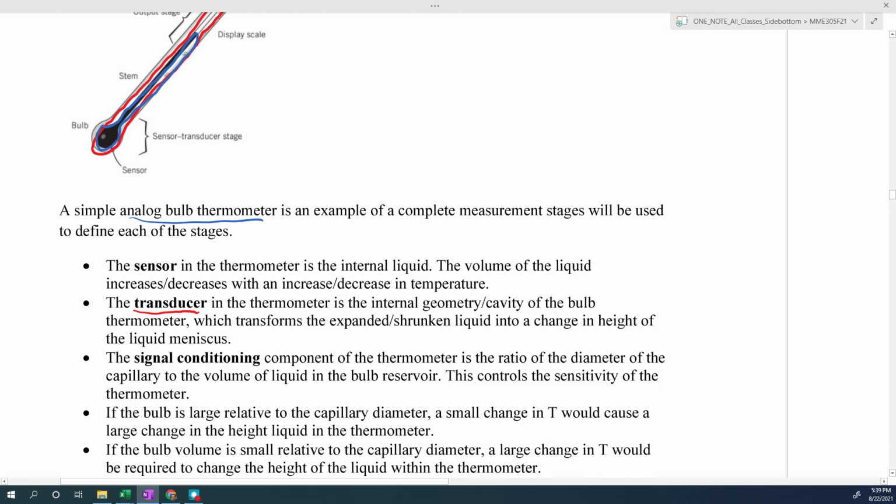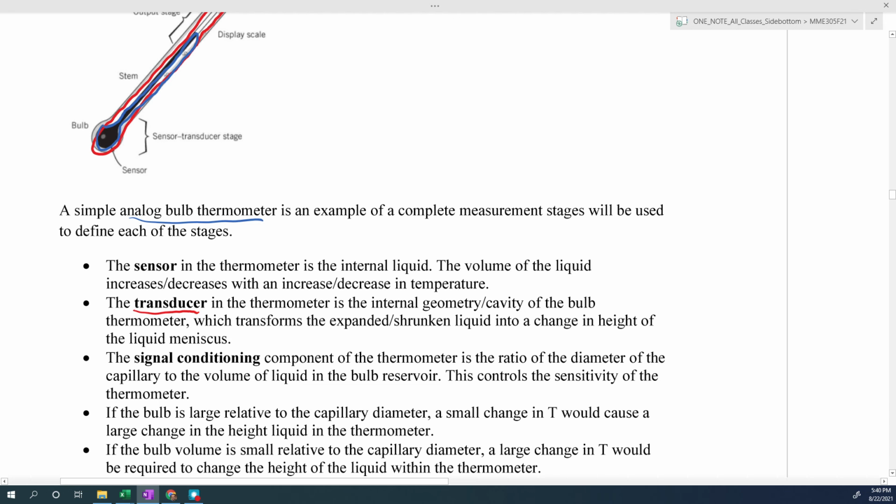If you have a very large cavity, it doesn't really change much with respect to temperature, so it could be used for a very large range. But if it's very sensitive to temperature, it probably has a very small diameter, and very small fluctuations in temperature cause the liquid to expand or contract.